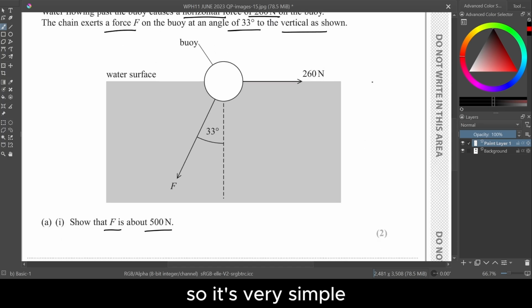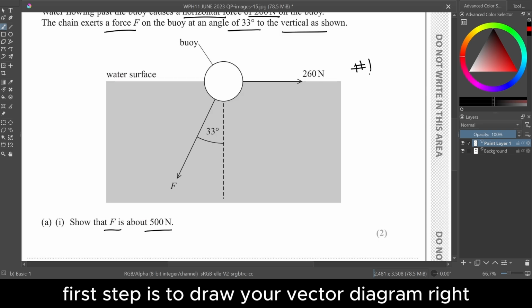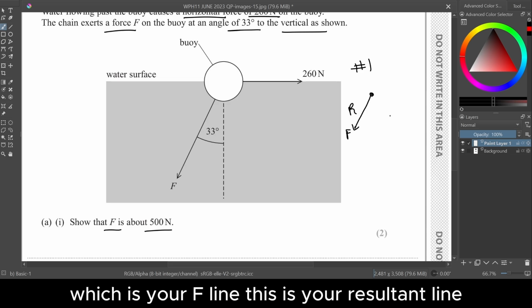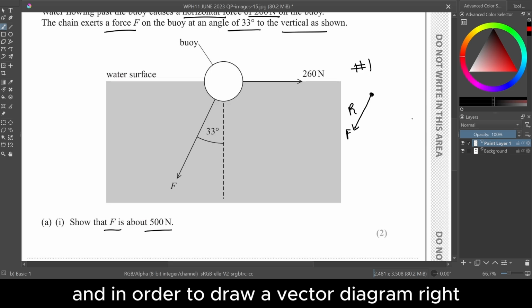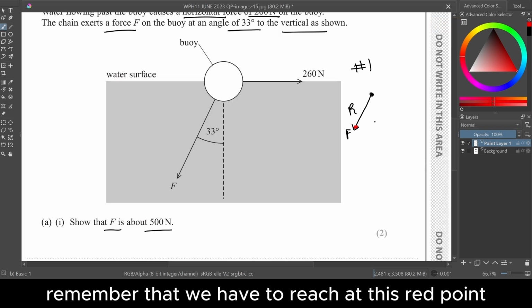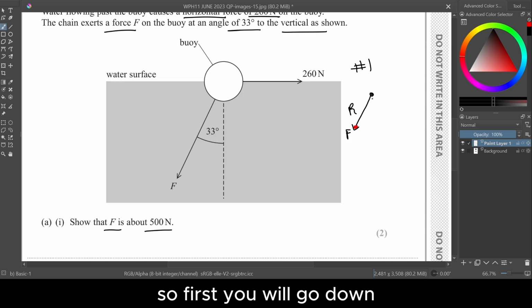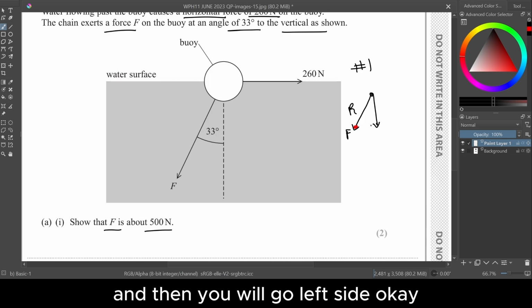It's very simple. The first step is to draw your vector diagram. Here is our resultant line, which is your F line. In order to draw a vector diagram, we have to reach this red point, so you can only use up, down, left, right. First you go down and then you go left.